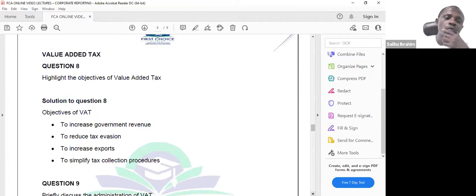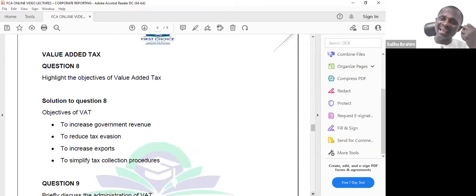Number 3, to increase exports. How? When you import products into the country, import duty is charged. Import duty is also a form of value-added tax, just on import.